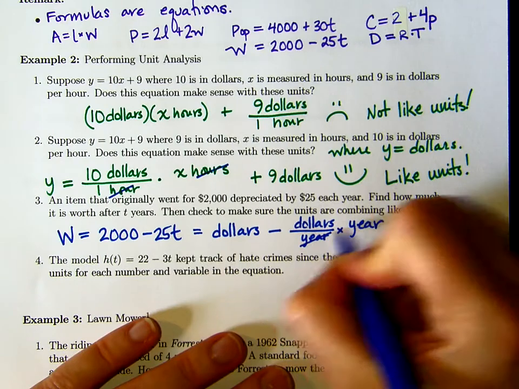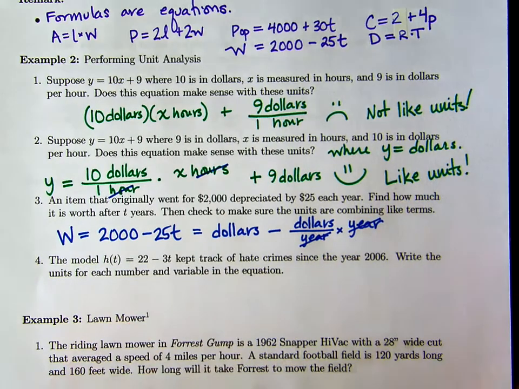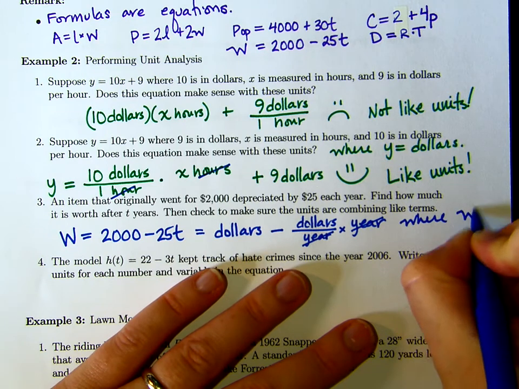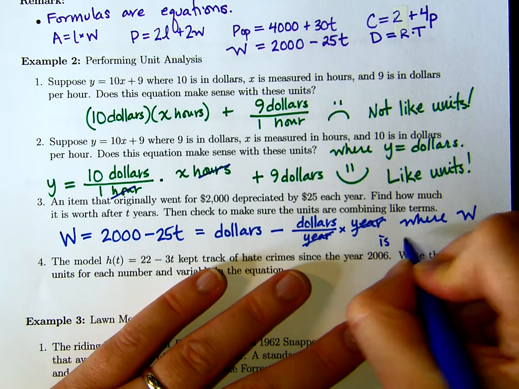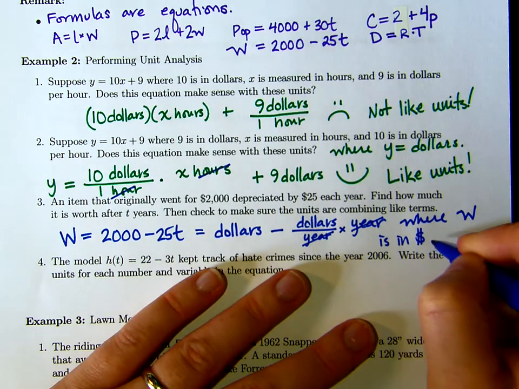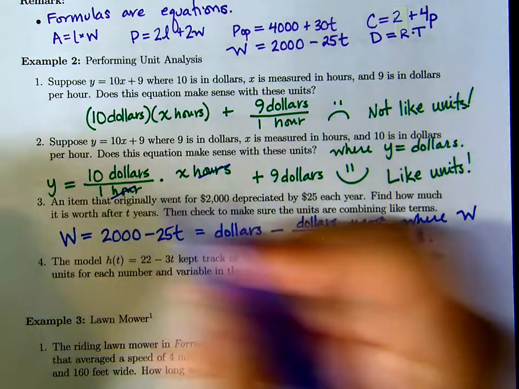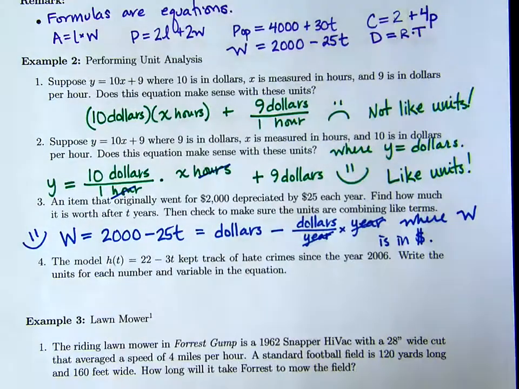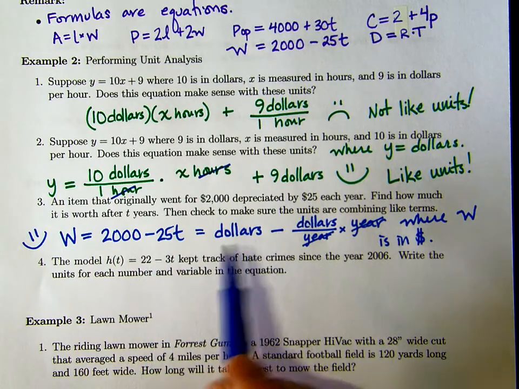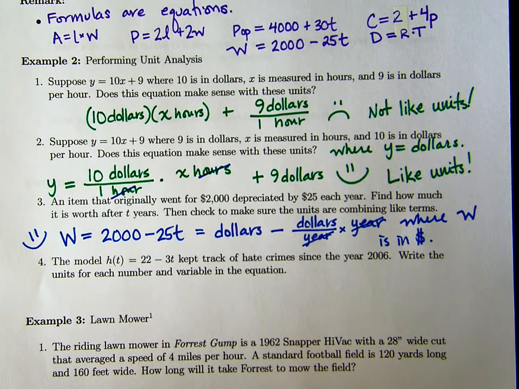Okay, so this actually does work out too, where W is in dollars. So this one works out as well. And that means the equation we wrote is accurate because we had dollars take away dollars, and so we're good to go.